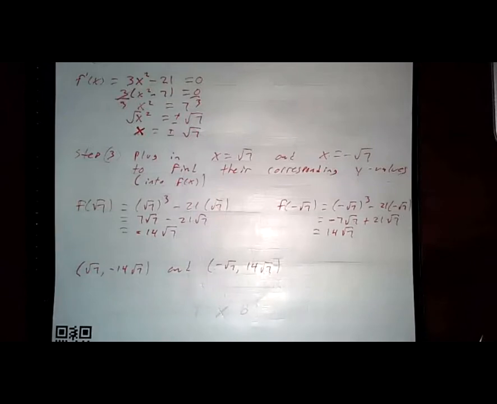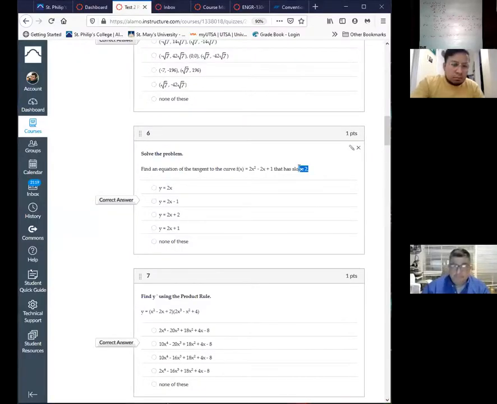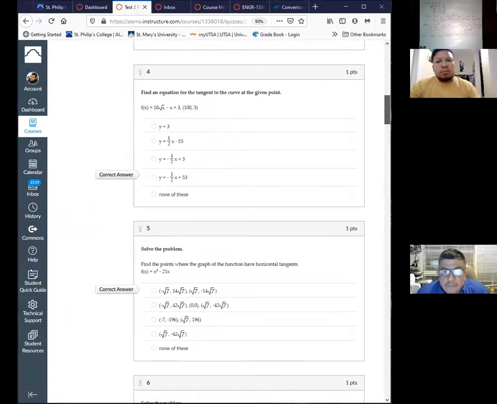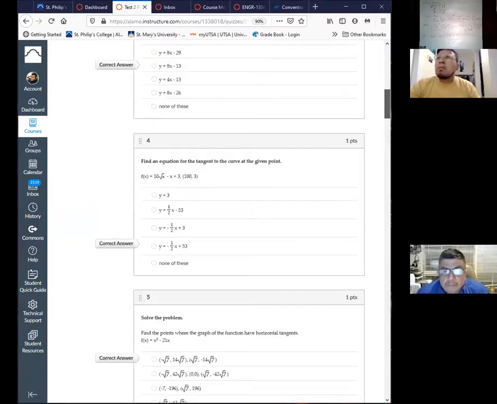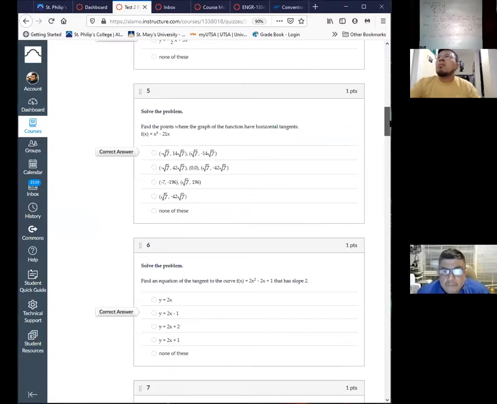Let's look at the next questions here. Number 6 is the same deal. The only difference is it says the tangent has a slope of 2. So it says find the equation of the tangent to the curve. Interesting, they're giving you the slope, but not the x value.